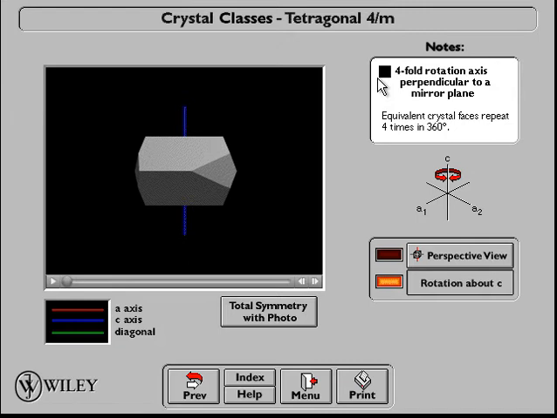Equivalent crystal faces repeat 4 times in 360 degrees. So now we are clicking here, and then we can watch the movie and how the crystal repeats itself 4 times within the 360 degrees. And here you have the mirror plane.